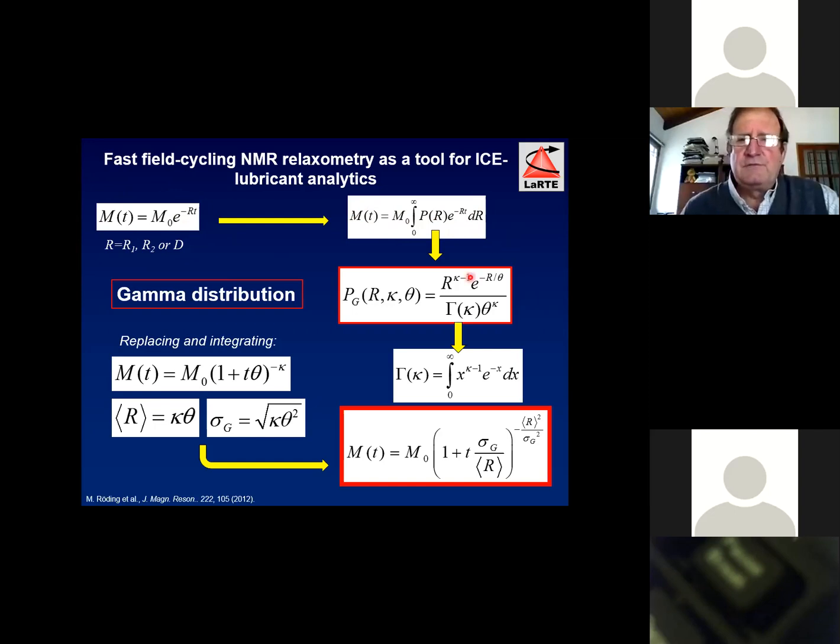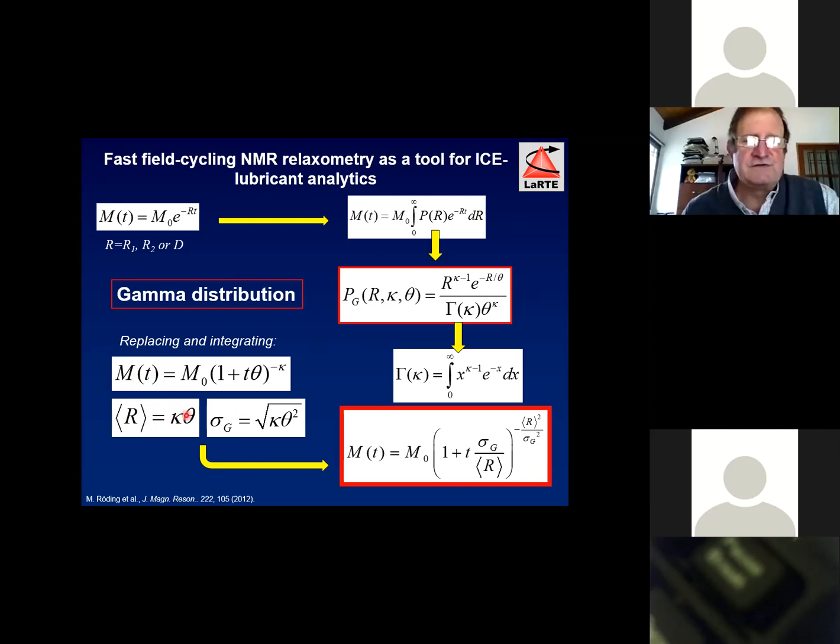So the gamma distribution is like this. Kappa and theta, two parameters. Kappa is the shape parameter, and theta is the scale parameter. And once we replace this into the integral, the big advantage of the gamma distribution is that you can solve it analytically and you get this.